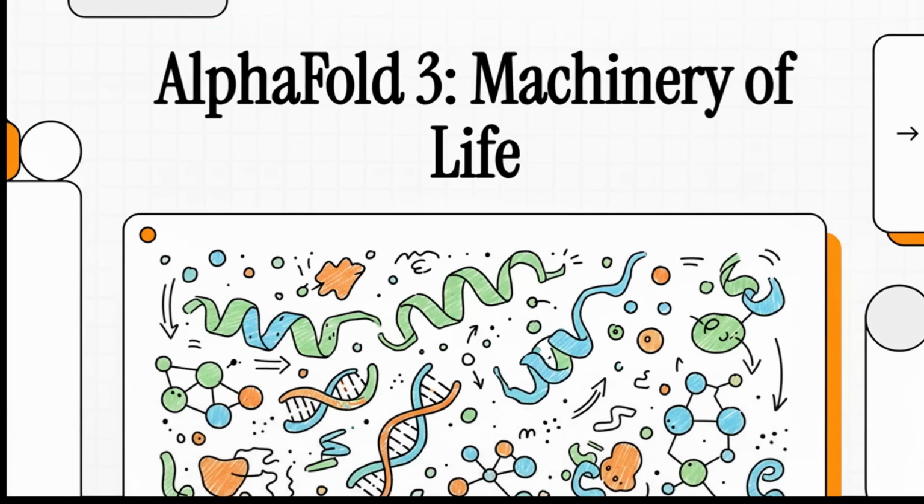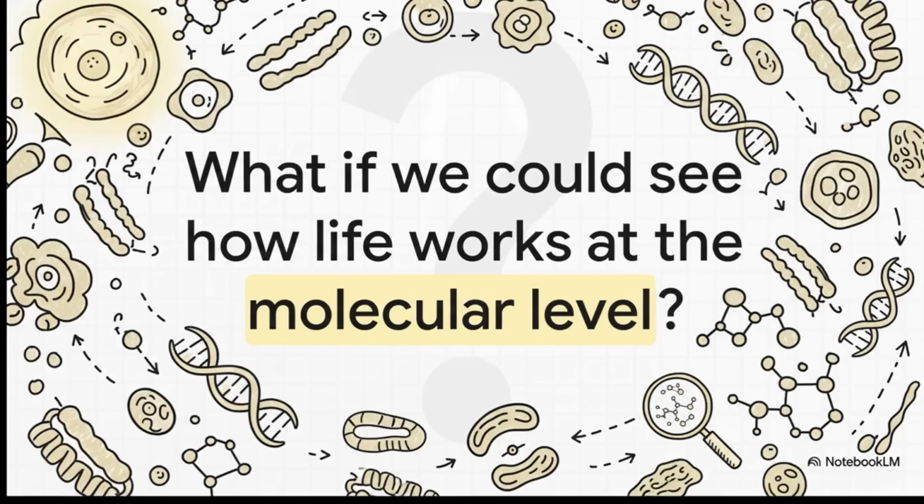Today we're talking about a massive breakthrough from Google DeepMind and Isomorphic Labs. It's an AI model called AlphaFold 3, and honestly, it's poised to completely change how we understand the machinery of life itself. Yeah, it's that big a deal. But before we get into the tech, let's just step back and ask a really big question. What if you could see, really see, how life works at the most fundamental level?